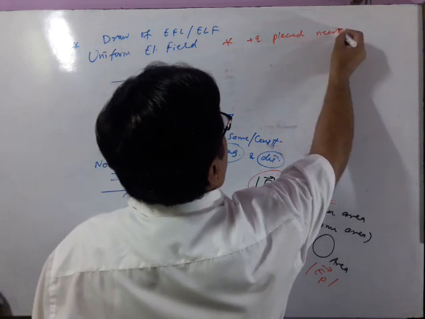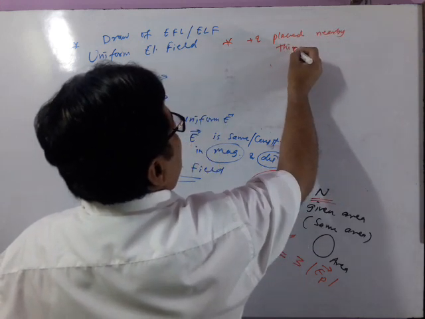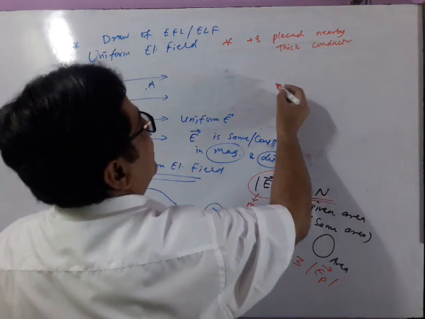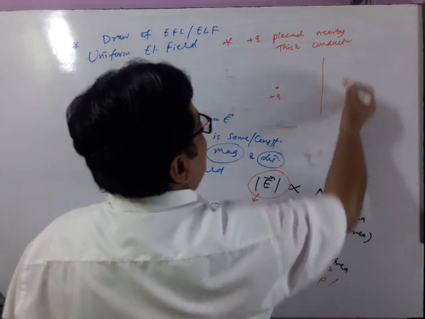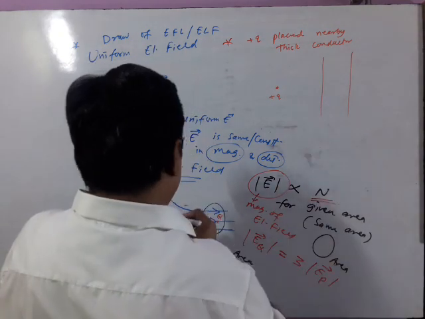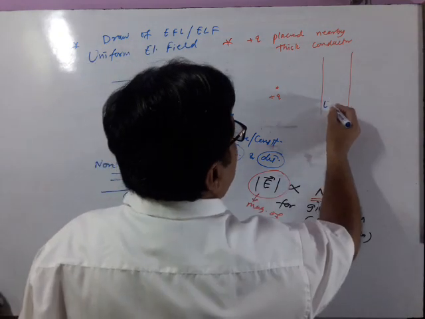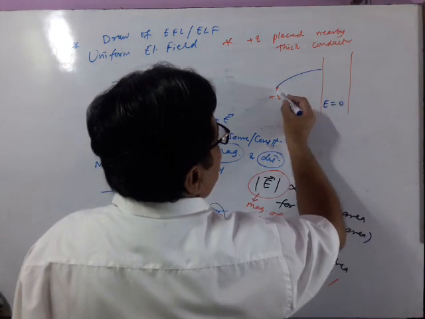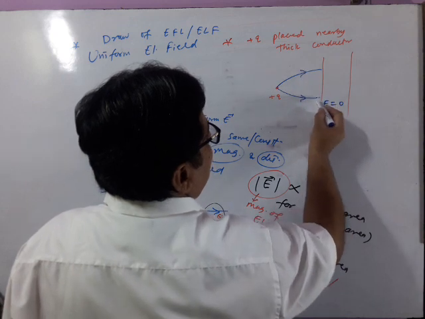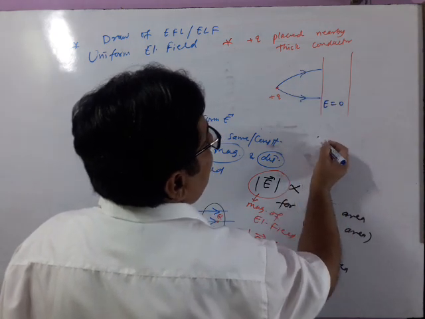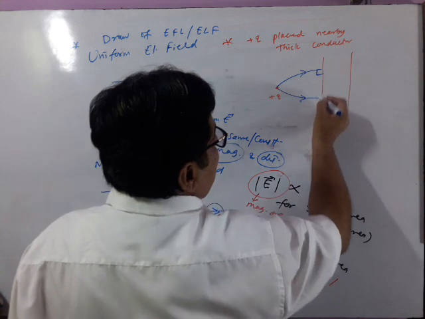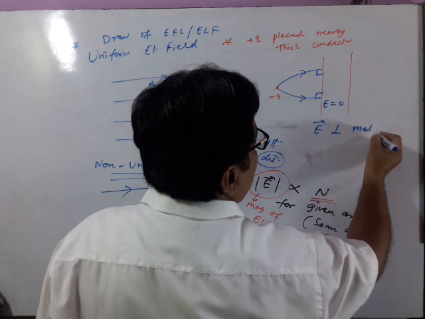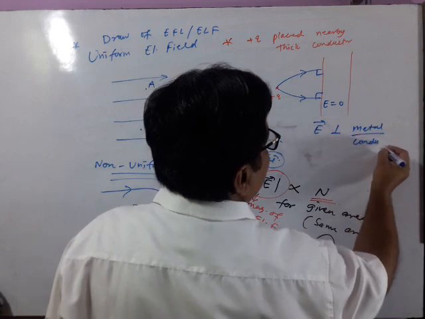Now if I say this charge placed nearby thick conductor, it is like this. Electric field inside conductor is 0 and lines are like this. For positive charge outward, and electric lines and electric field perpendicular to metal or conductor.